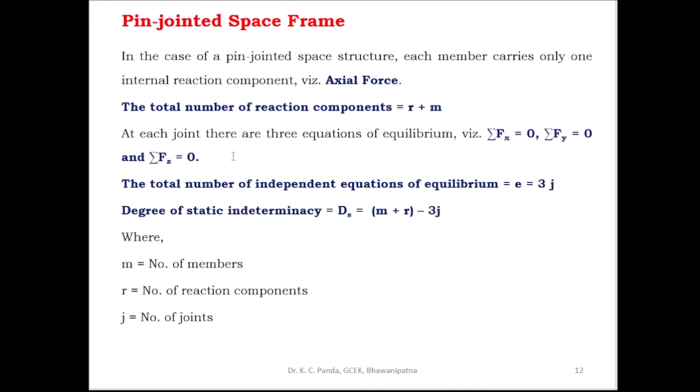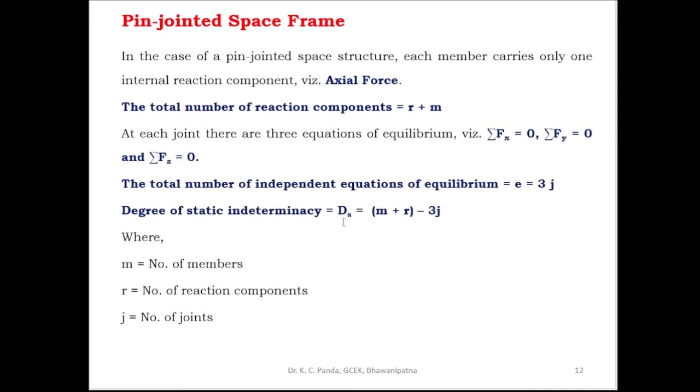Then at each joint there are three equations of equilibrium, that is summation of Fx equal to 0, summation of Fy equal to 0, and summation of Fz equal to 0. So the total number of independent equations of equilibrium is 3J. Then the degree of static indeterminacy is the total number of reaction components minus the total number of independent equations of equilibrium.